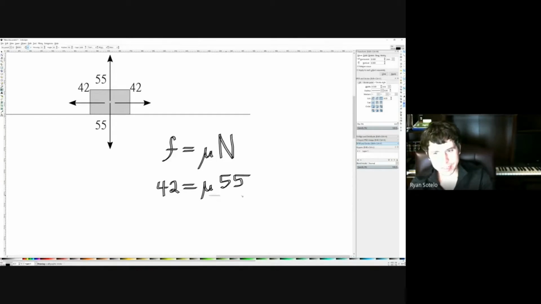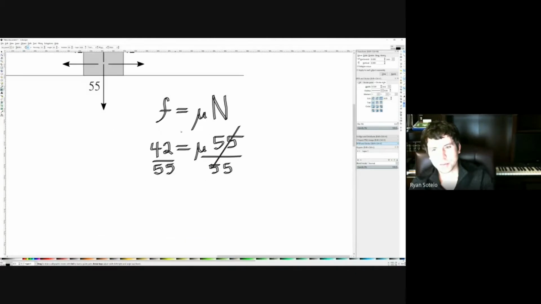All you've got to do is divide both sides. This is your main equation here for the friction. Divide by 55 on both sides. It cancels on the right, so mu is whatever this is.